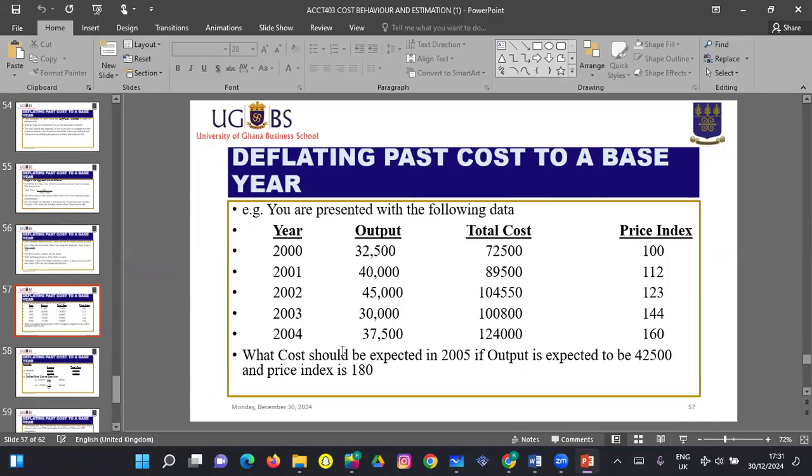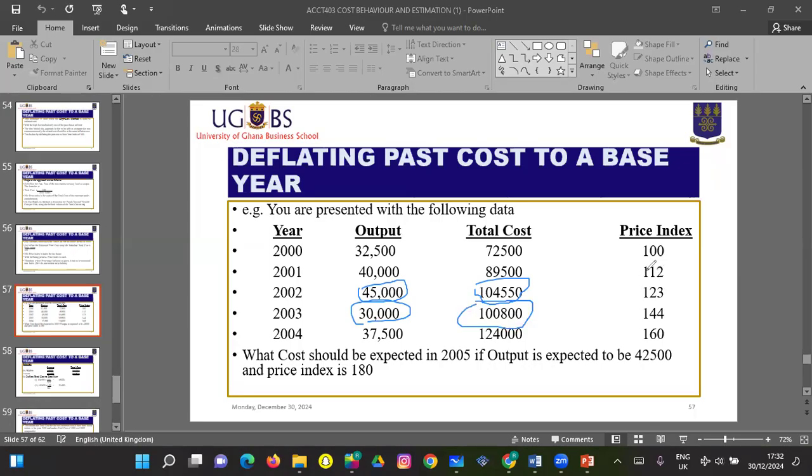Now with this one, we are going to select the highest activity level here, which is 45,000, and the total cost associated with it. Then the lowest is also here, with its associated total cost.